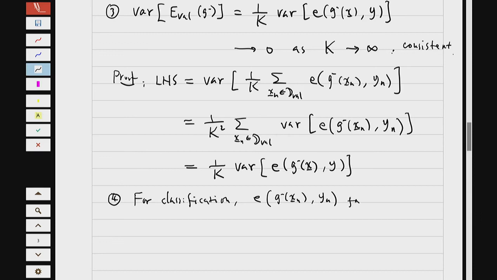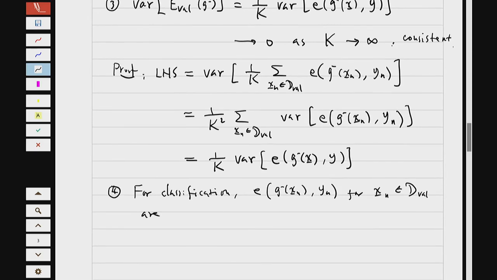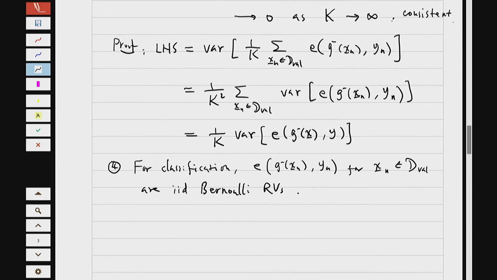So for all of the data points inside the validation set, you have a bunch of IID Bernoulli random variables. And because of that, this tells us that we can use the Hoeffding bound.